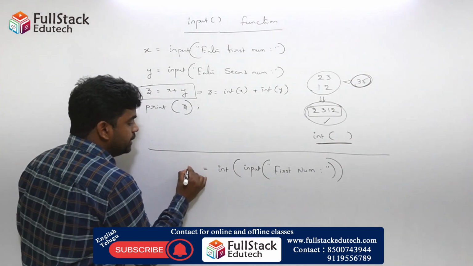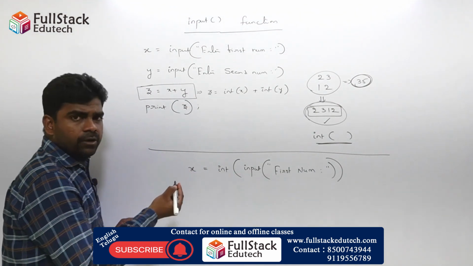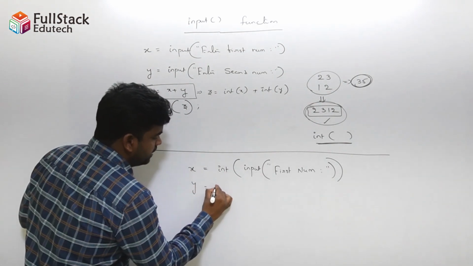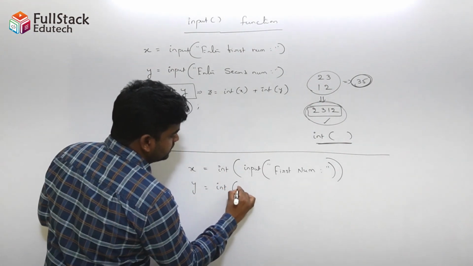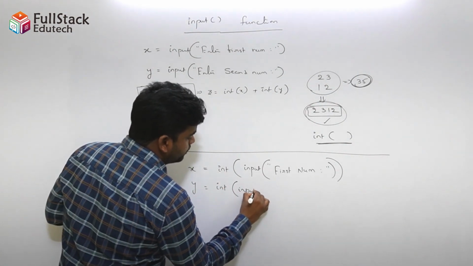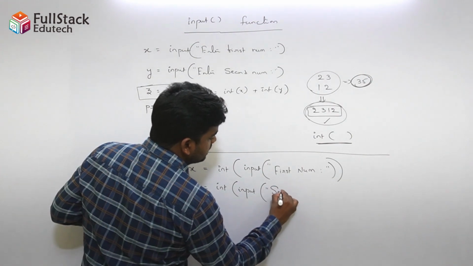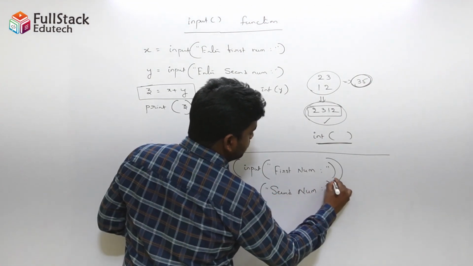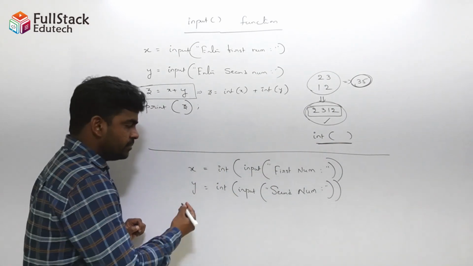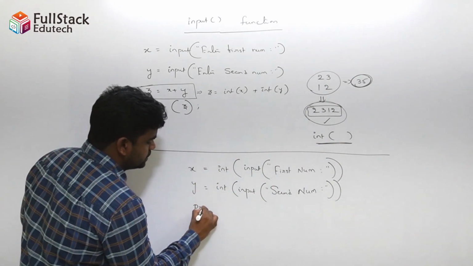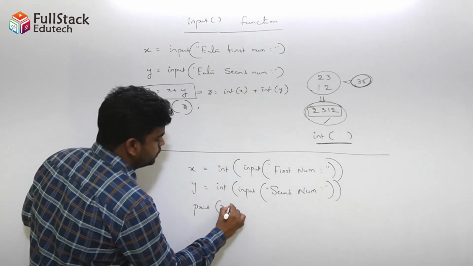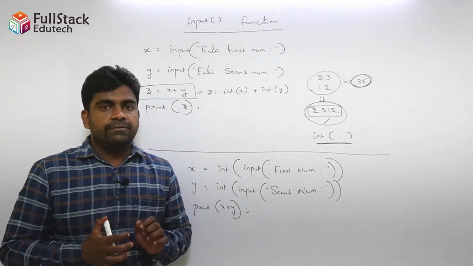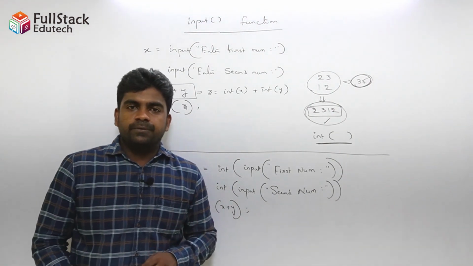We collect it into variable x, or a, or any n1, n2. The second number we collect the same way, "Enter second number," and then we print. Of course, you can directly print the value x plus y. This is the simple way of using input.